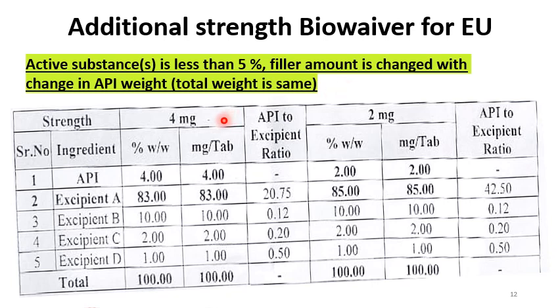The criteria of quantitatively similar formulation will be passed for this type of composition. Here you can see excipients B, C, D are very similar, and only the diluent, that is excipient A, is changed from 83 to 85 because of the change in the API weight. So for 4 mg it is 83, for 2 mg it is 85.